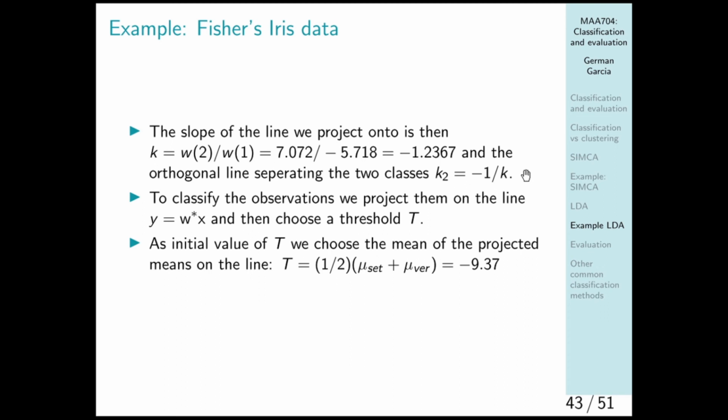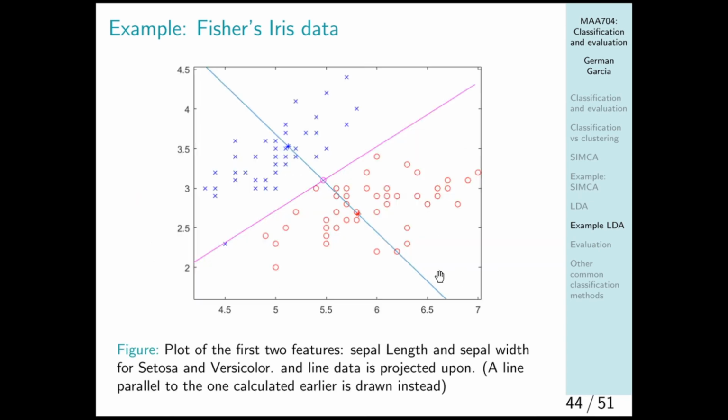So, in order to classify the observations, we will project them on the line y equal to our vector times x, and then choose a threshold t. Since we believe that we are working with similar distributions, we will choose the mean of the projected means for our threshold. That's minus 9.37.